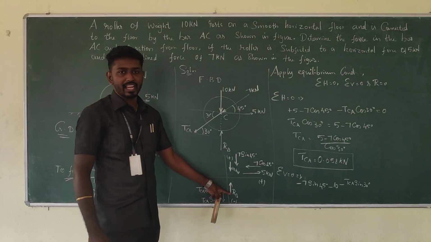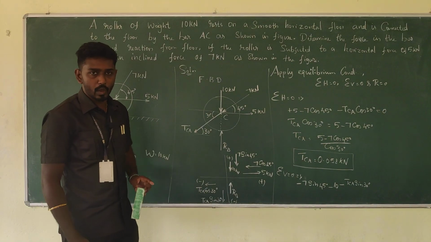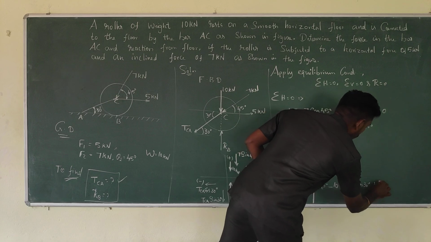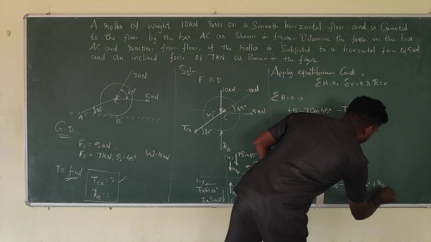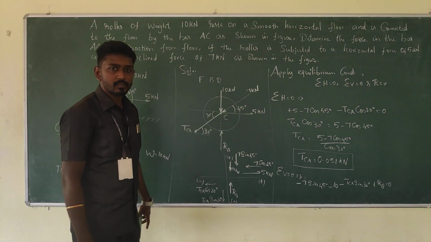What about RB, the reaction at B, which is moving upward? Since it is upward, it is positive. So RB, the reaction at B, plus all these is equal to 0 at the equilibrium condition.